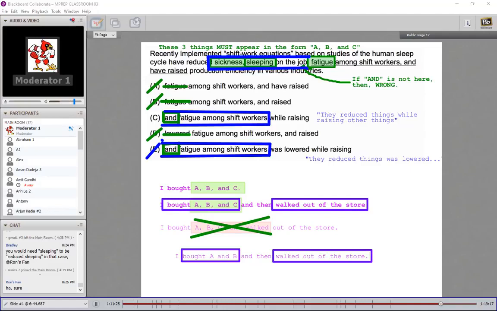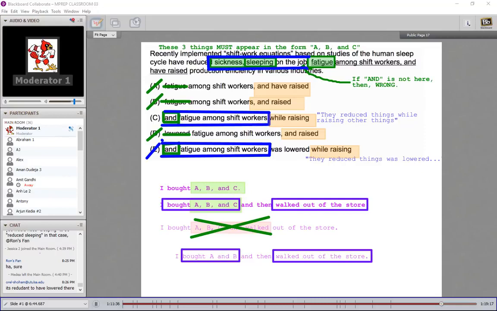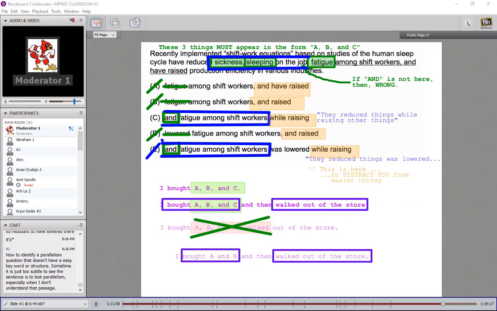This difference is basically there to distract you from easier stuff, and to punish people who don't notice the much easier thing at the start, and basically to penalize you for not seeing the straightforward things at the beginning.